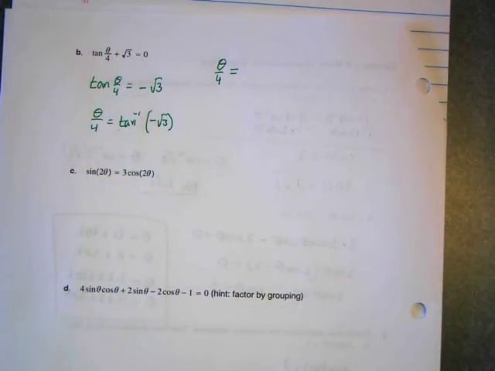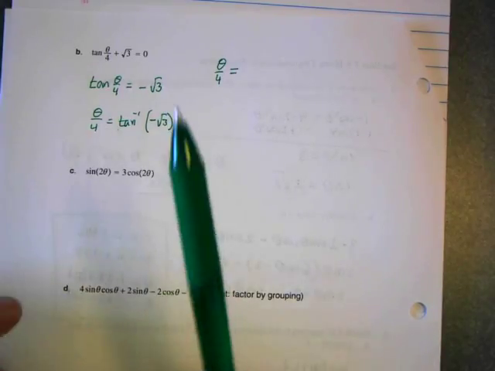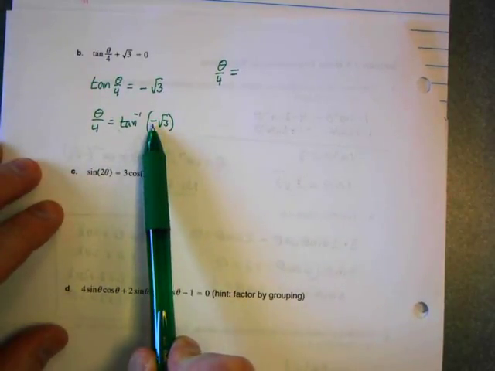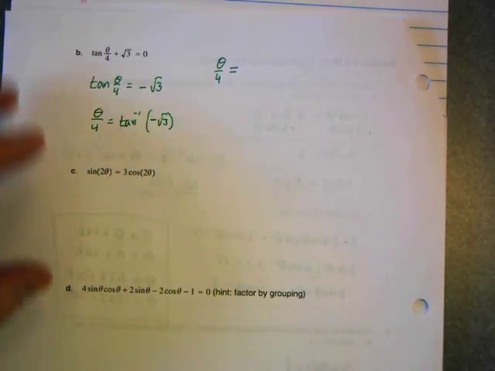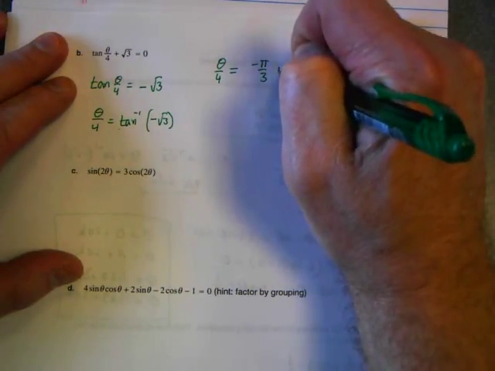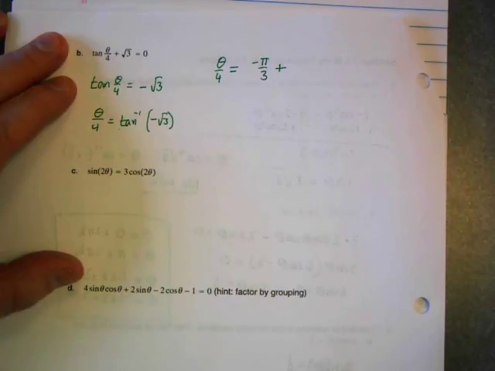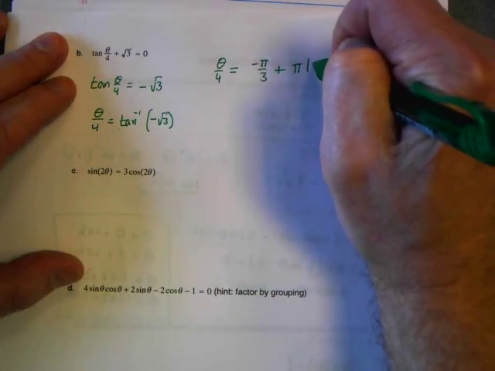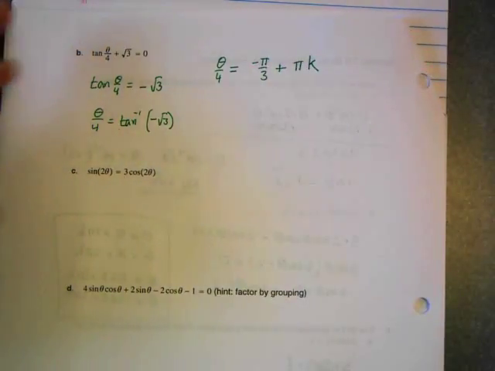Tangent inverse of square root of 3 is that one that we've memorized. Is it pi over 3? And because of this negative sign, it would be negative pi over 3. Correct. So it would be negative pi over 3 plus pi k because the tangent has a period of pi.